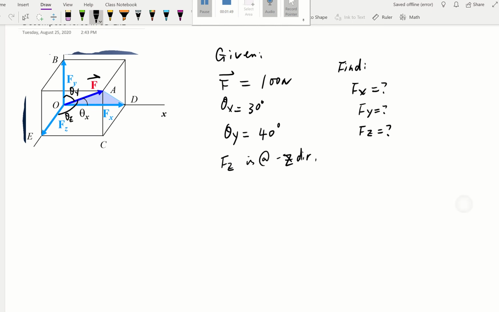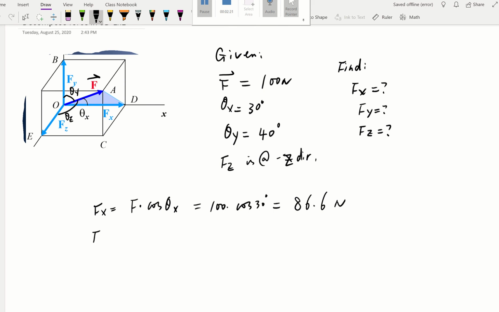So how do we solve it? Based on the equations we had last time, we can quickly find Fx. It's going to be F times cosine theta x. So it will be 100 Newton times cosine 30 degrees. Putting 100 times cosine 30 into the calculator, we have 86.6 Newton.